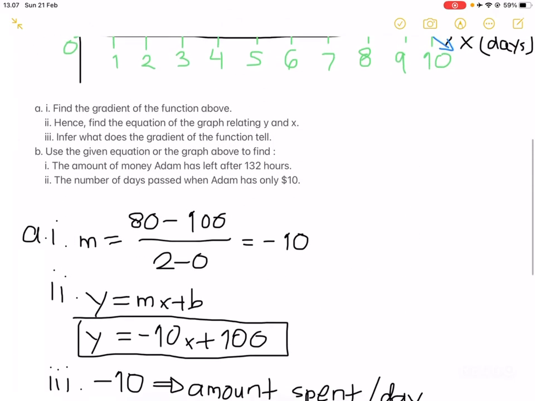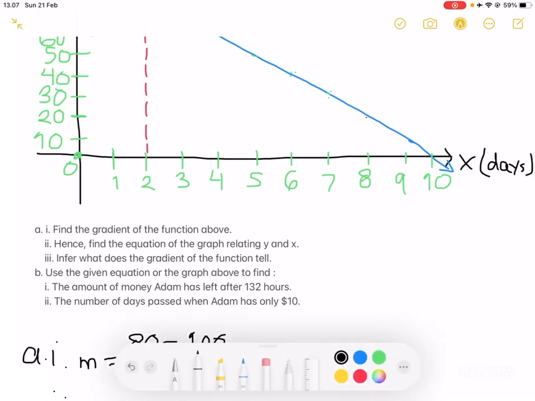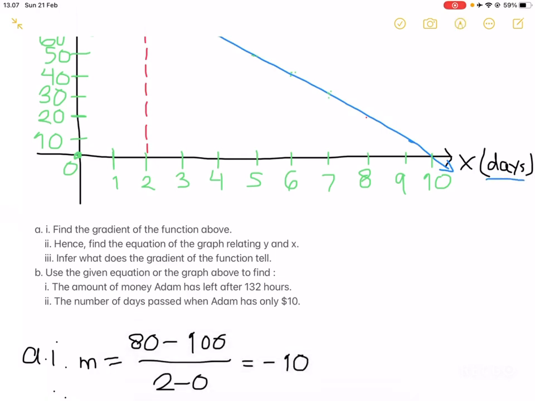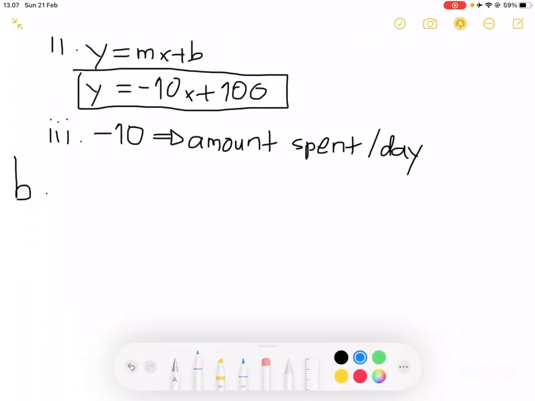Given that 132 hours is still in hours, while the given x in this case is in days, we must first convert this 132 hours into days. So 132 hours is just 132 over 24 days, because one day is 24 hours, and this will give us 5.5 days.